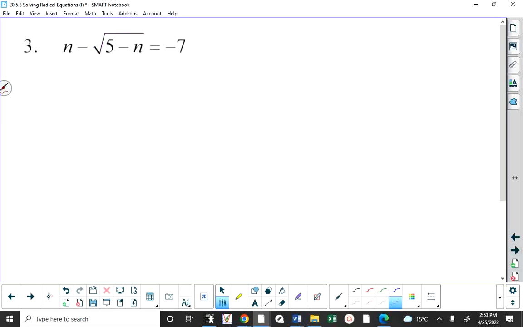Okay, let's isolate the radical. I would be tempted here, everybody, to move the radical to the right-hand side of the equation. Just like I don't like having negative x's, I don't like having negative radicals. So I'm going to add that radical to the other side, and then I will have n plus 7.